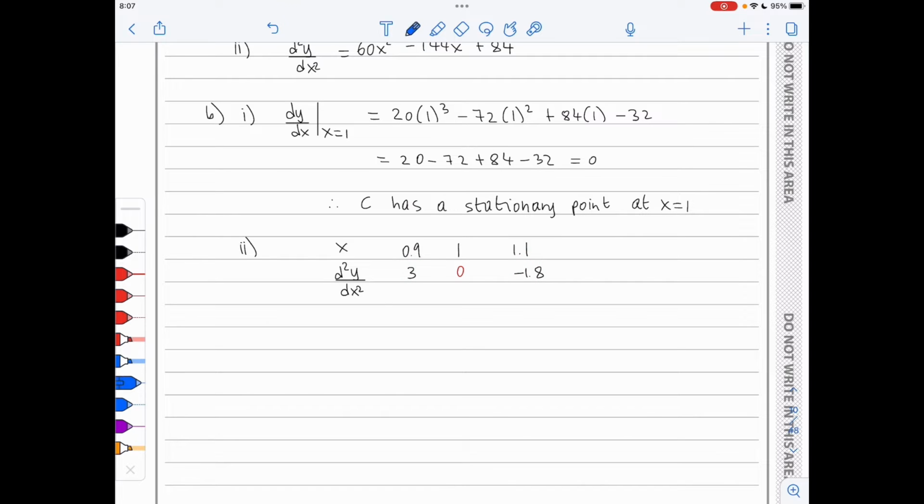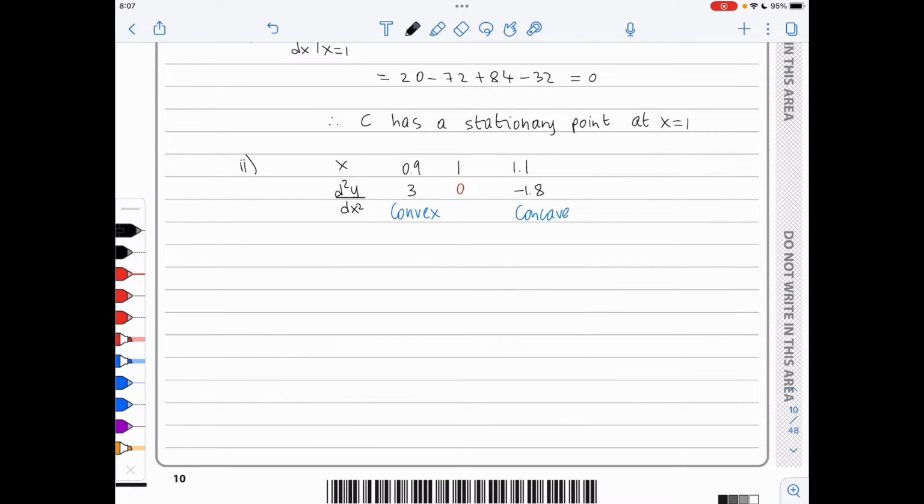We know that if it's positive, then it is convex. And if it's negative, it's concave. So we've got a change in curvature, which is exactly the necessary condition for a point of inflection. So I need to state change in curvature, hence at x is 1 we have a point of inflection.